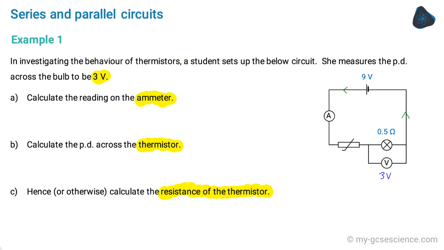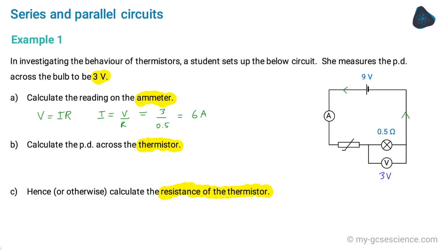Right, let's start off with the reading on the ammeter. You're probably aware that the right equation to use here is V equals IR. Rearranging, we want to calculate I, so I equals V divided by R, and then subbing in our values, 3 divided by 0.5, which gives 6 amps for the current.